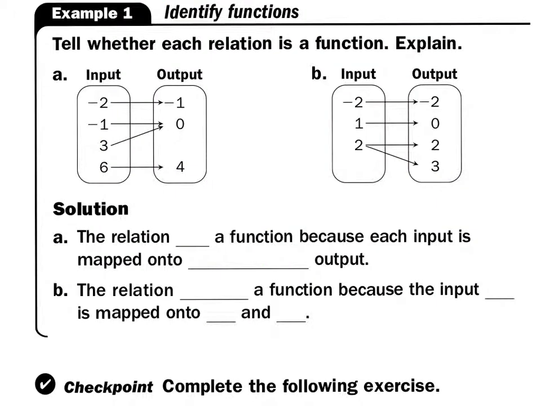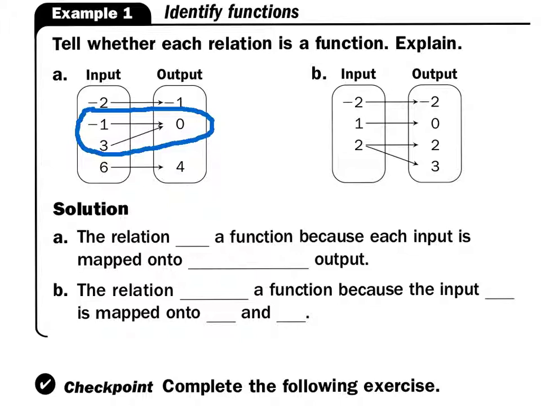Okay, example 1, identify functions. Tell whether each relation is a function, then explain. On A, do you see that I have different inputs and they all go to one output? Now, this may be a little confusing right here, but that's okay. I can put in a -1 and get a 0.